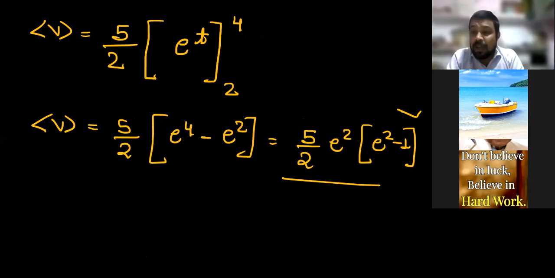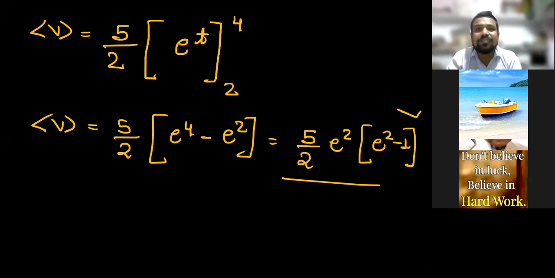Until now we saw that average acceleration is one thing and average velocity is another, both are different. But if you have an exponential function, then from t equal to 2 to t equal to 4 seconds, the average velocity and average acceleration both are the same. This is the important beauty of this question or not?